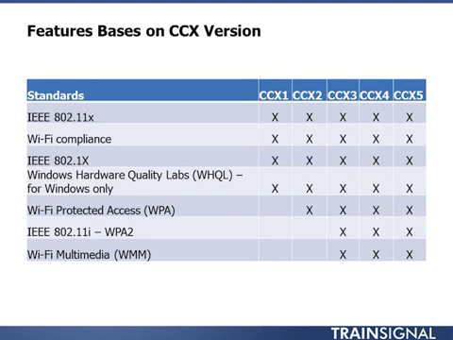Version 3 then added WPA2, and you now see the support for the Advanced Encryption Standard AES, as well as the 802.1x authentication type EAP-FAST. Version 3 also included support for Wi-Fi Multimedia, which is your quality of service over a Wi-Fi network. And those features continued in 4 and 5.